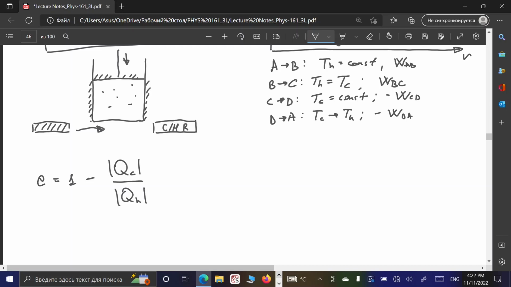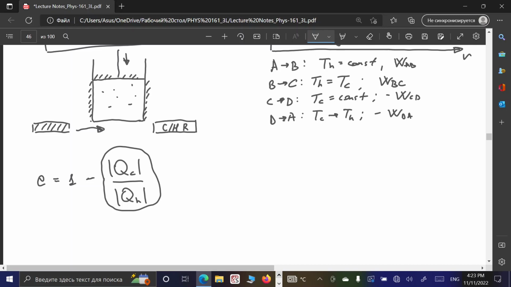That is the general definition of performance. Now we want to determine how we can replace this ratio with the temperatures of the cold and hot reservoirs, because the first Carnot theorem tells us that the performance of the Carnot cycle is determined only by the temperature of the cold and hot reservoirs.